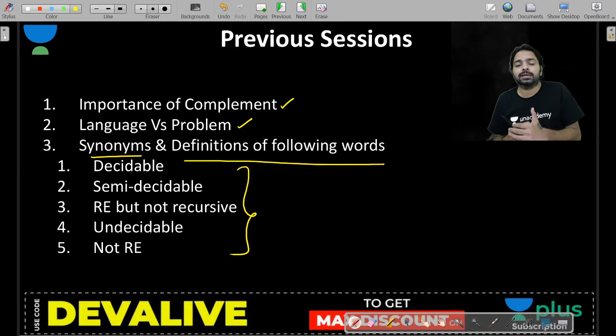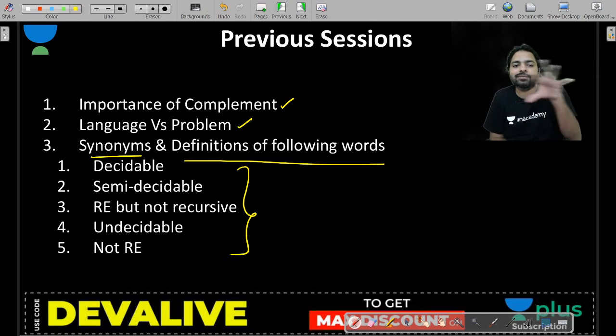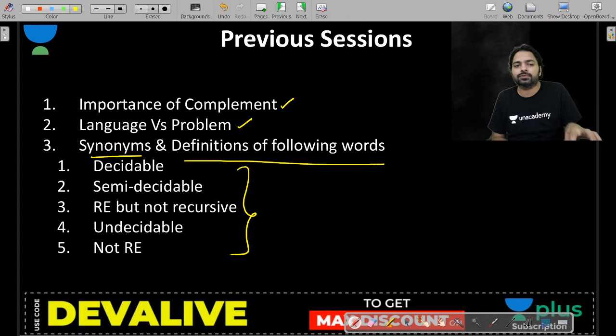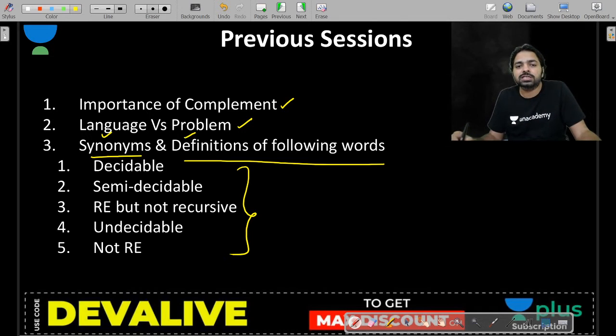You need to remember them. I hope you remember them before beginning today's session. If anybody is not aware of these previous sessions, please complete them first, like what is language and what is problem, and what are the differences. Even in the previous class I explained how the complement is applied to decidable and semi-decidable problems, and what definitions we have.